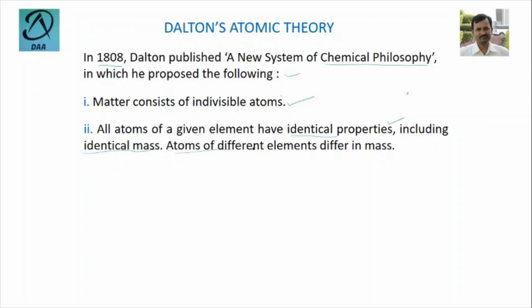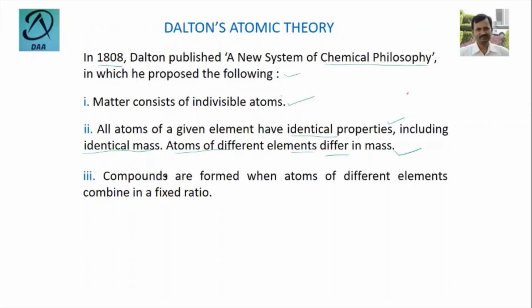And atoms of different elements differ in mass. Number 3, compounds are formed when atoms of different elements combine in a fixed ratio. This you have to remember, a fixed ratio he mentioned during the formation of the compounds by the atoms of different elements.